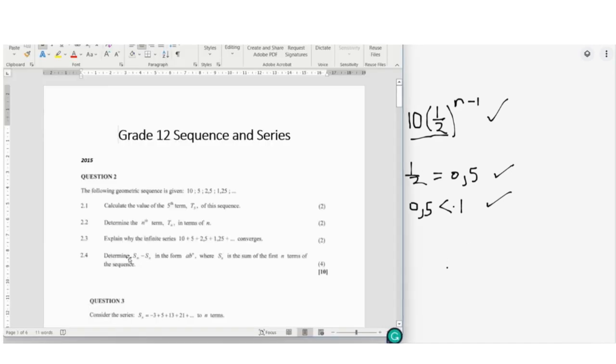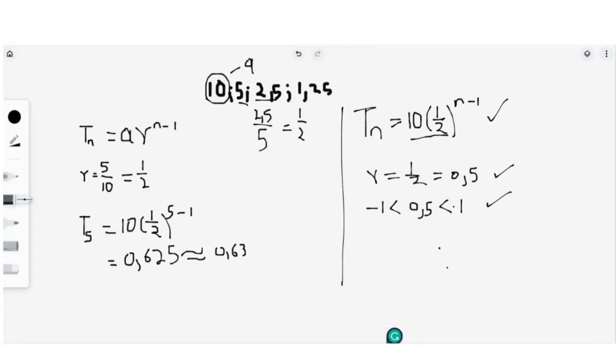So now we want to determine S infinity minus Sn in the form a times b to the power of n, where Sn is the sum of the first n terms of the sequence. Let's see. We want S infinity minus Sn.